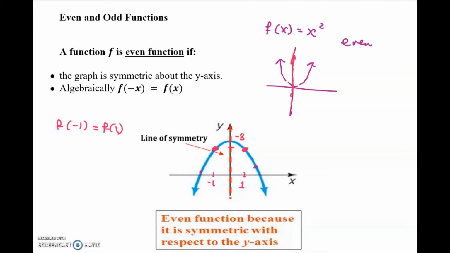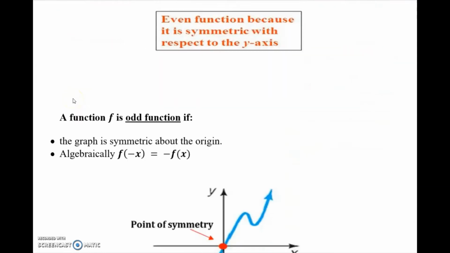In here, I know that this is x squared. If I'm talking about 2 and -2, by substituting, f(2) will be 2 squared, which is 4. f(-2) is basically (-2) squared, which is also 4. In this case, we can tell that, yes, it is an even function.